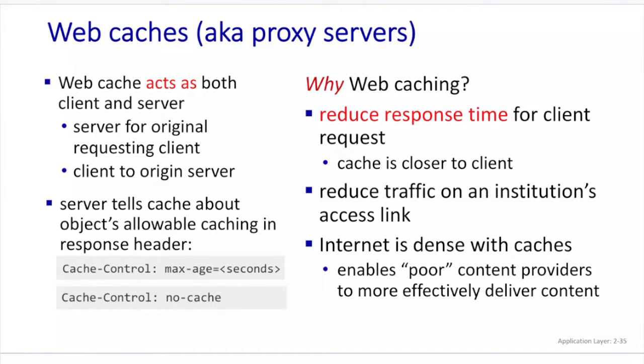Okay, so of course the advantage of deploying a web proxy in your LAN is quite obvious. For example, it reduces the response time for client requests, because for the second, third, fourth, for all the following clients who want to retrieve the pages in the web cache, it only needs to retrieve the object from the local cache server.